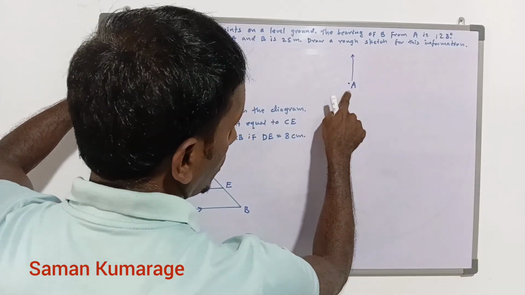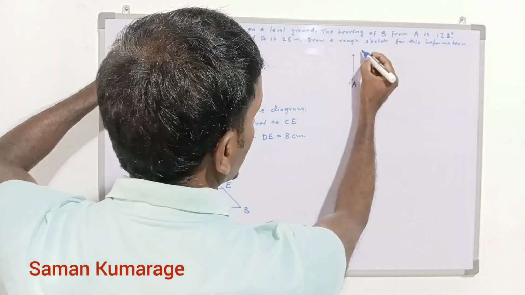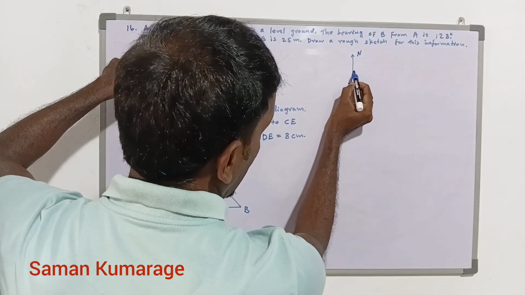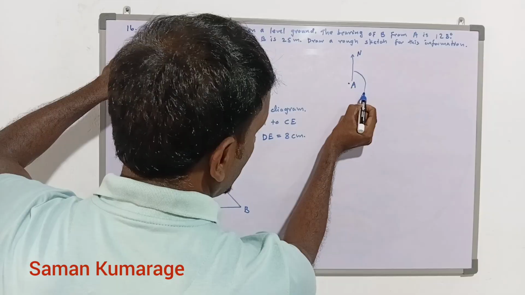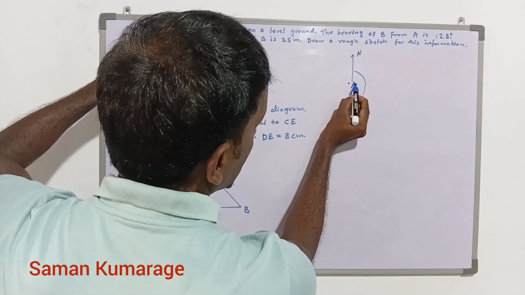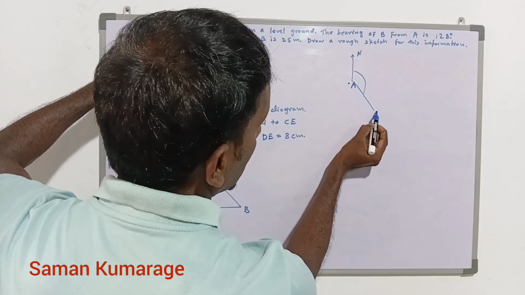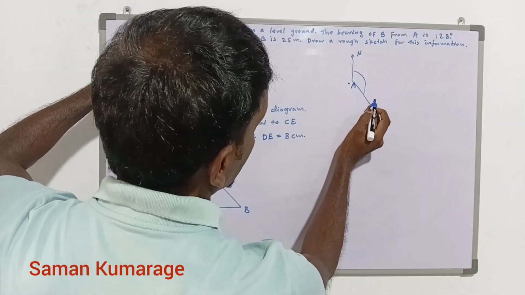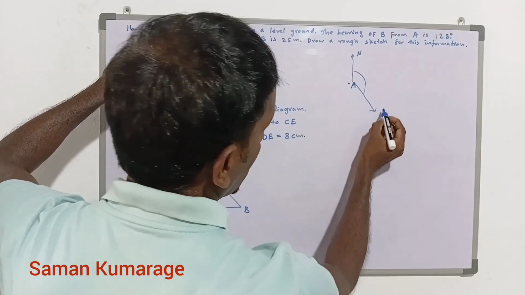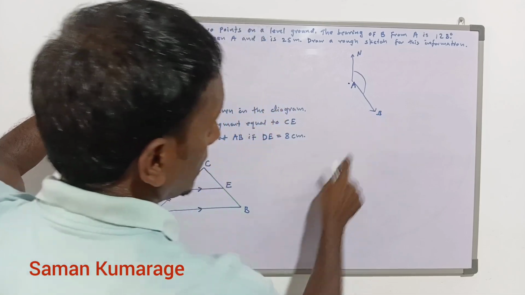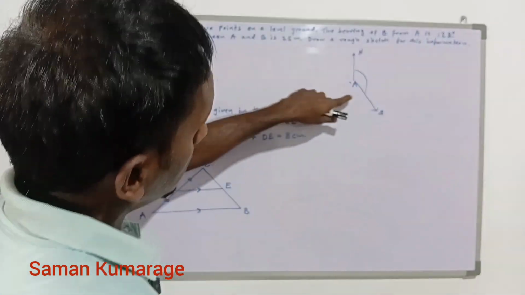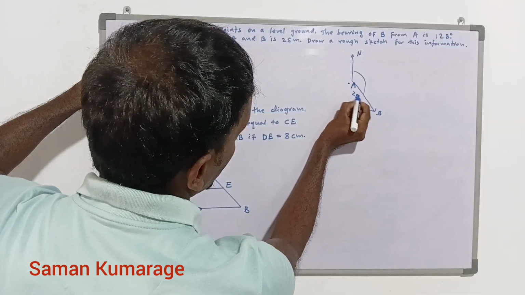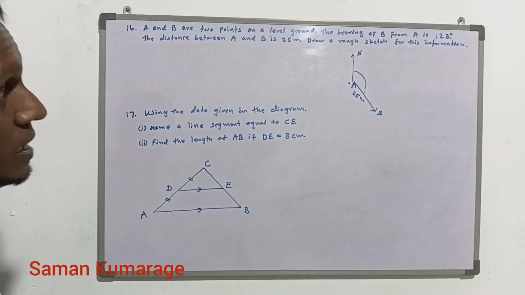This is north, and then the angle of 128 should be roughly up to this magnitude. So we can write B here, and the distance between A and B is 25 meters. So this is the answer.